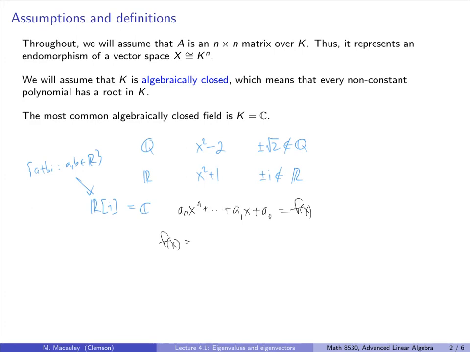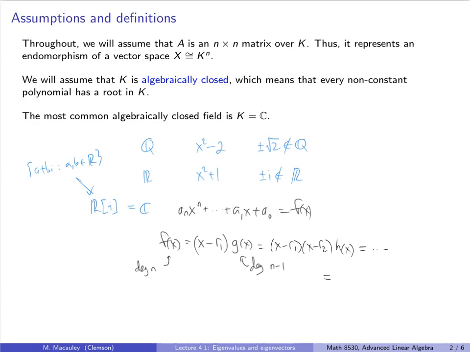So that means that we can factor out x minus r1 times some g of x. This has degree n, and g is going to have degree n minus 1. So now we can find a root of g and write this as x minus r1 times x minus r2 times, let me say, h of x, and so forth.